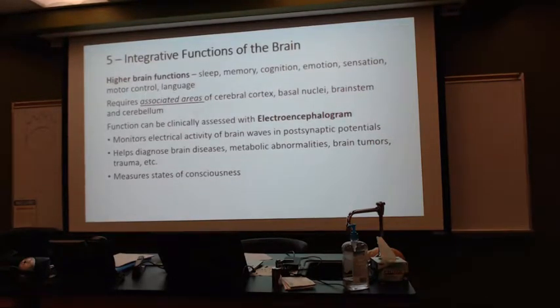A lot of information coming in. So what we're going to find, we're going to have some association areas. We're going to need those basal nuclei, those areas of the nerve cell bodies embedded in the white matter, okay?